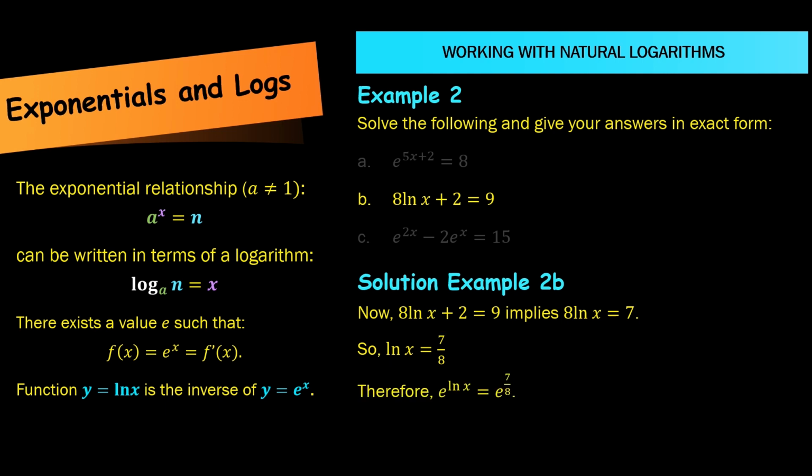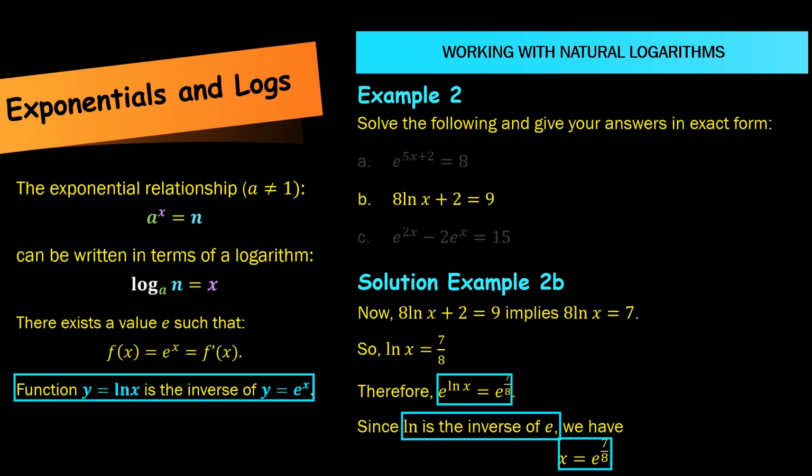Now raising both these sides to the power e gives e to the power ln of x equals e to the power 7 over 8. As before, since the natural log is the inverse of e, we have x equals e to the power 7 over 8.